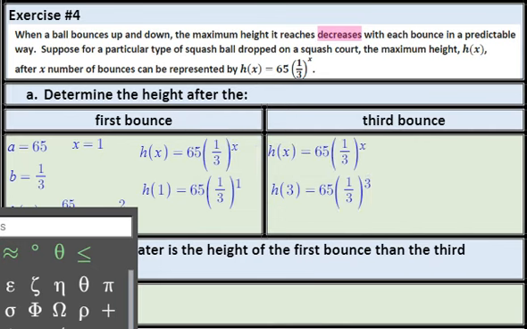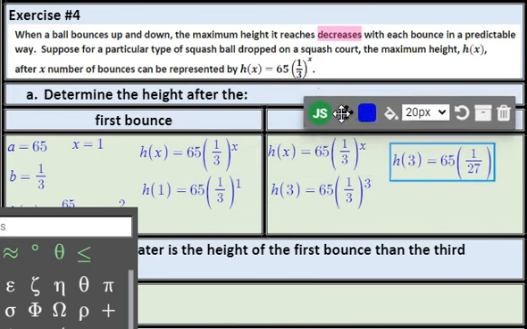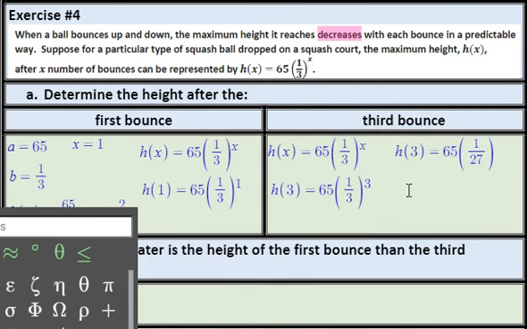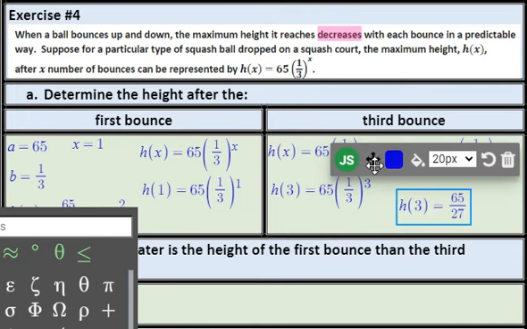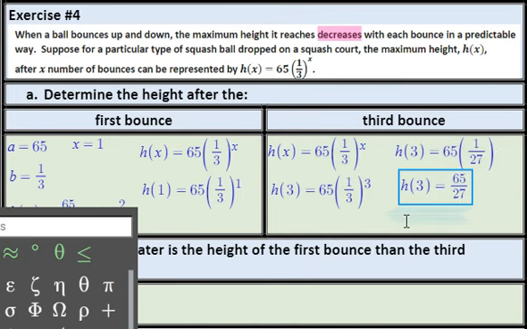And we get that h of 3 is 65 times 1/27, or h of 3 is actually 65/27. Now, 27 goes into 65 twice, and we get 54. So h of 3 equals 2 and 11/27, which is about 2.